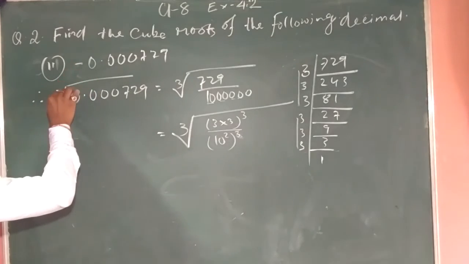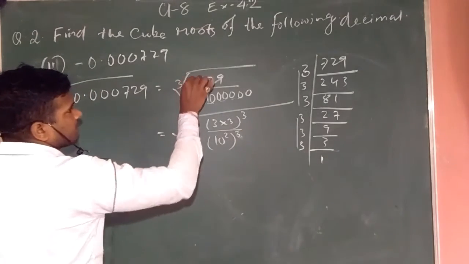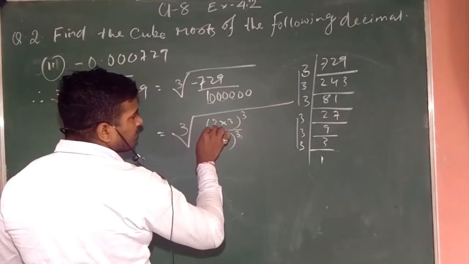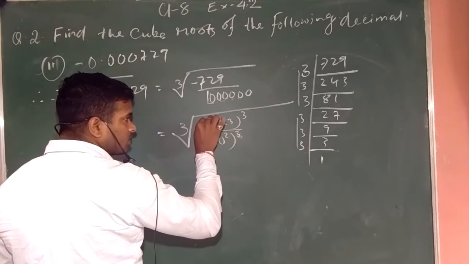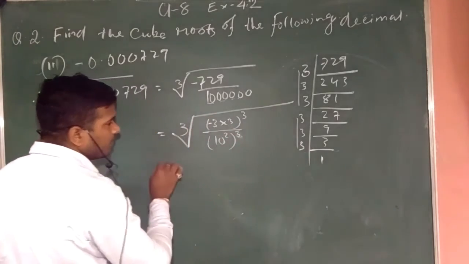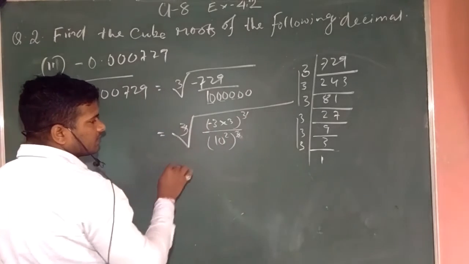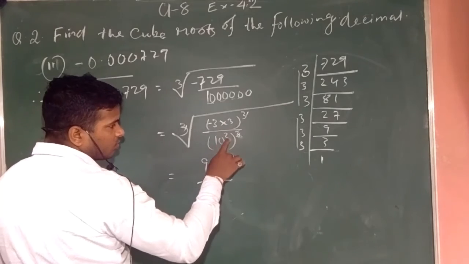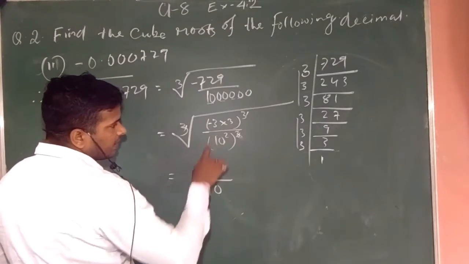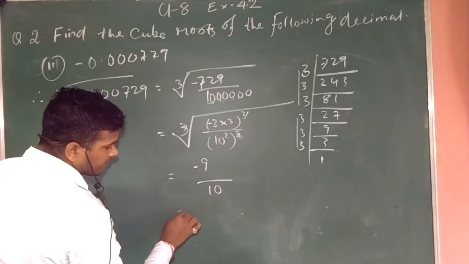Here minus is there, so we will write minus once, anywhere, inside or outside. Now the 3s cancel. So we have 3 3s are 9 by 10 two times, so 10 10s are 100. Here minus will be there.